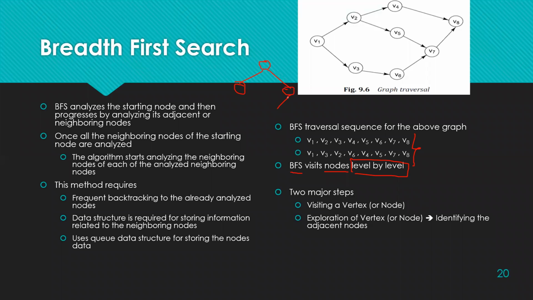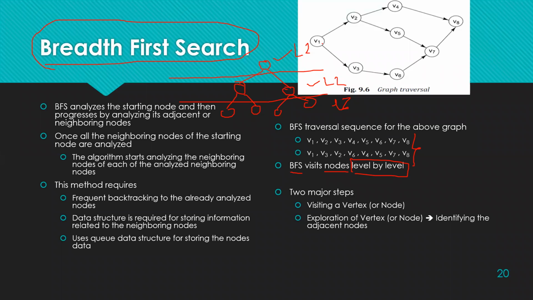This in turn can have branches again. So here you can see that these are the levels. At this level there is one node which we call the root node, and here I have 2 nodes. Say this is level 1, this is level 2, and this is level 3. Whenever you are using BFS, you will be visiting the nodes level by level.